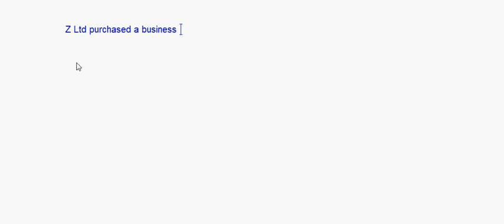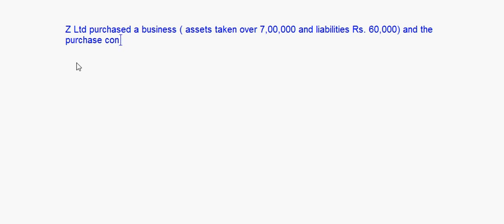Now here purchased a business, we'll write here assets taken over is 7 lakh and liabilities is rupees 60,000, right? Purchased a business and the purchase consideration is 6,60,000 rupees, right?